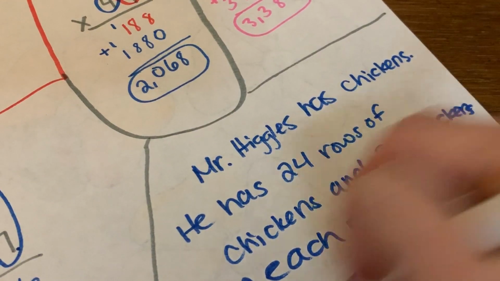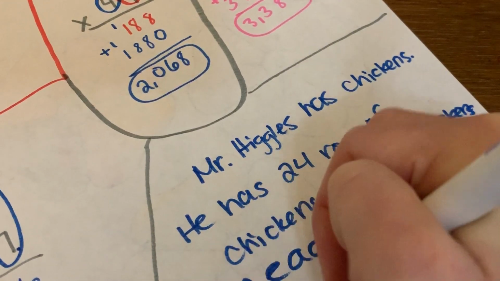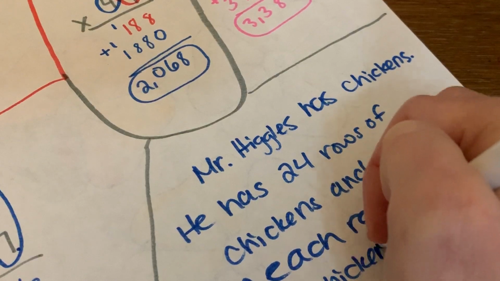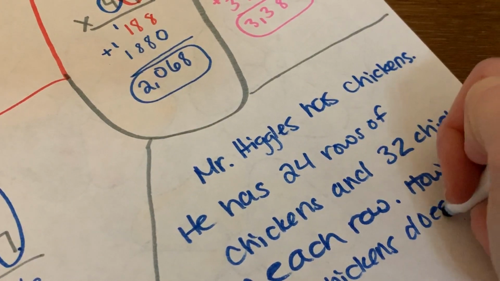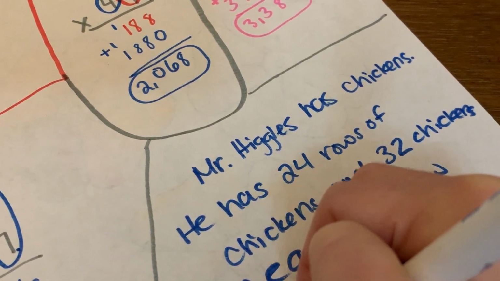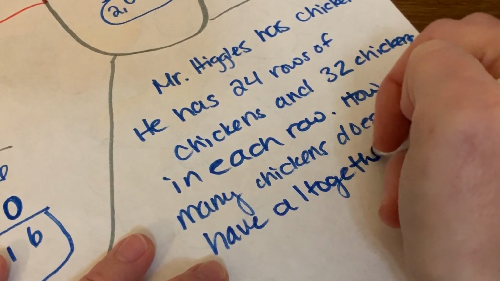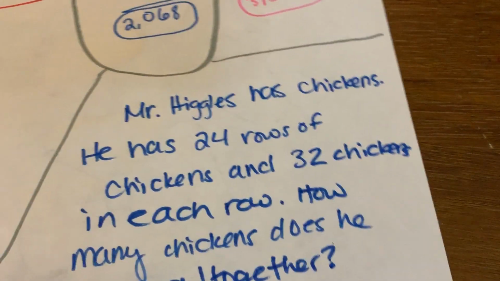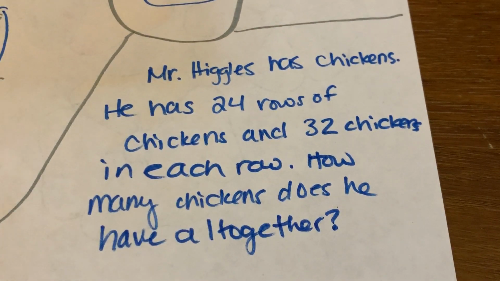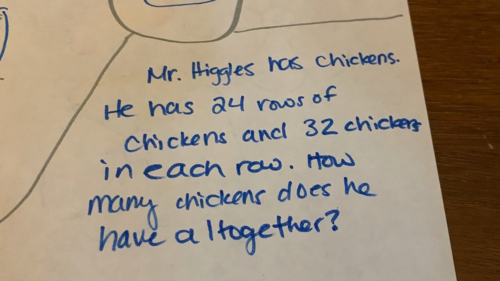How many chickens does he have altogether? All right, Mr. Higgles has chickens. He has 24 rows of chickens and 32 chickens in each row. How many chickens does he have altogether? Go ahead and take a second to solve that on your own.